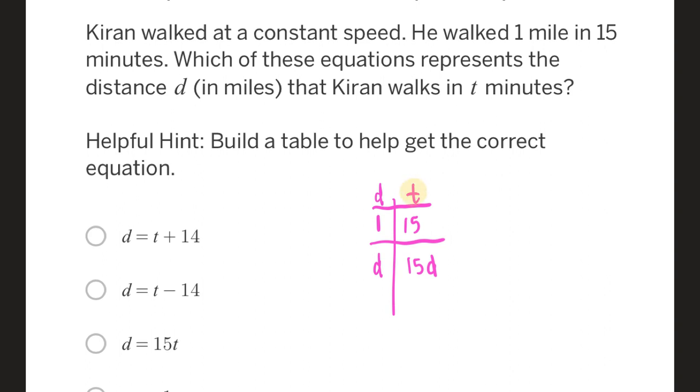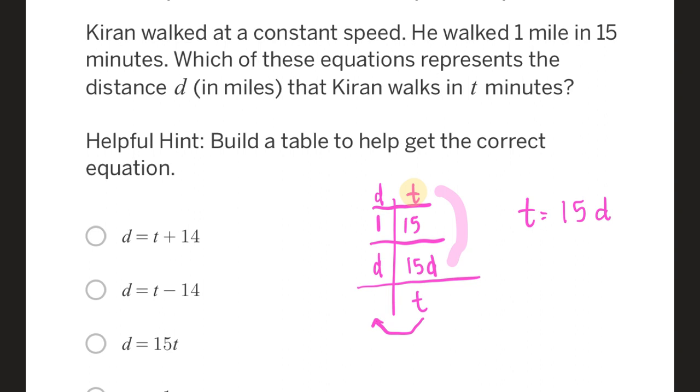So that means my time here is equal to 15 times my distance. Now you'll notice that one's not an option on our graph or on the things that we have. So that means we're going to have to go backwards. We have our time here and we want to go that way. What would that proportion be?